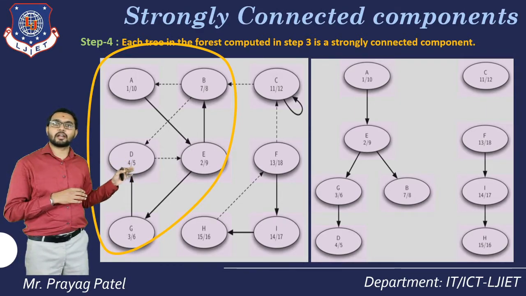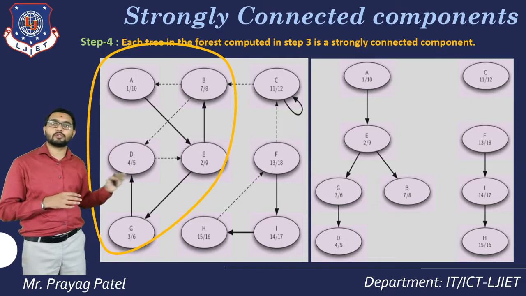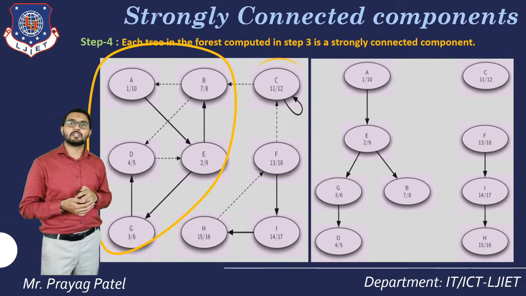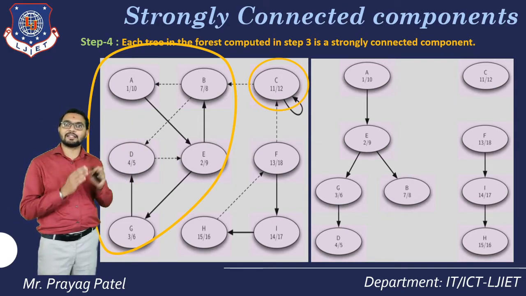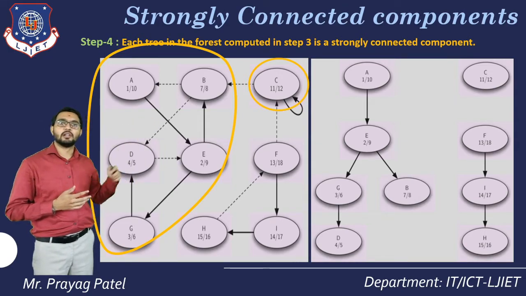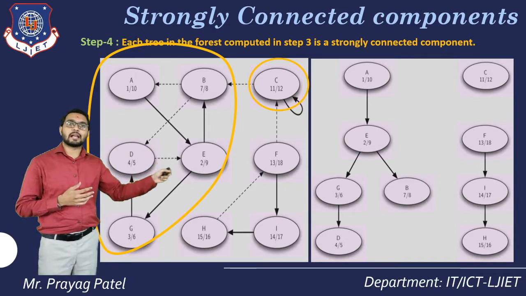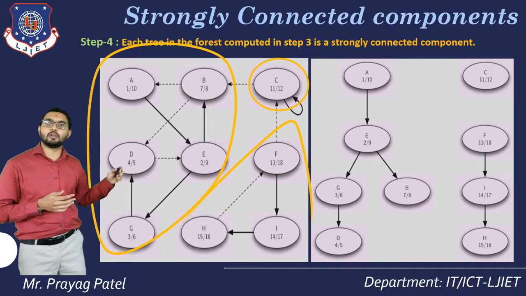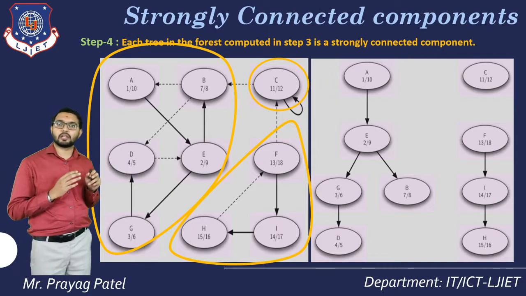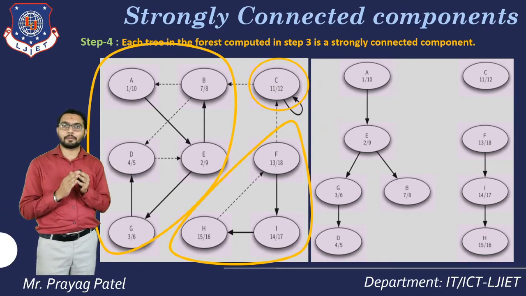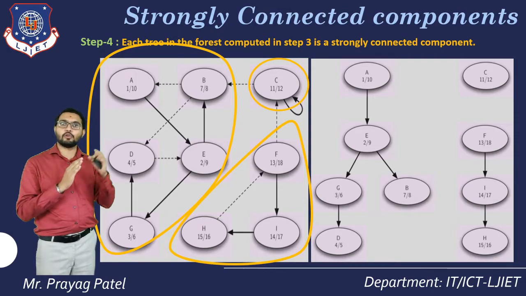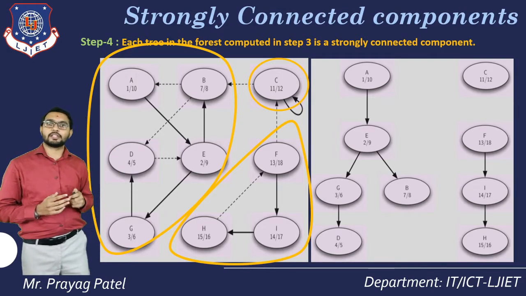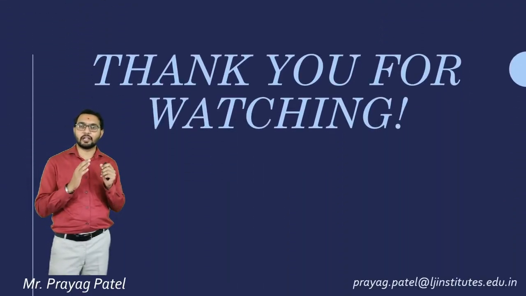Now the second tree is C, the yellow shaded node C is the second strongly connected component, and the last 3 nodes are also a strongly connected component. So in this given graph you have 3 strongly connected components: first 5 nodes, then 1 node, then 3 nodes.